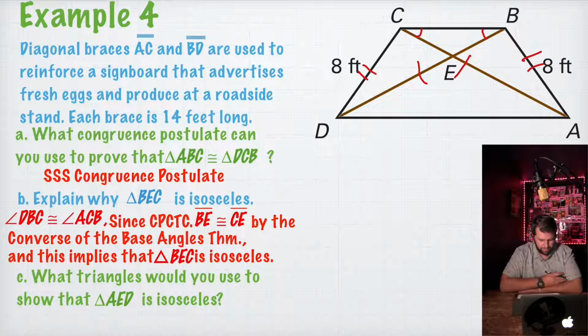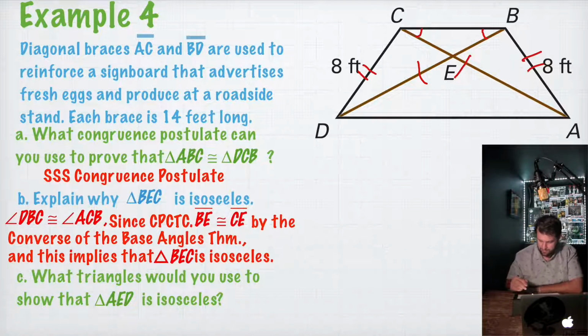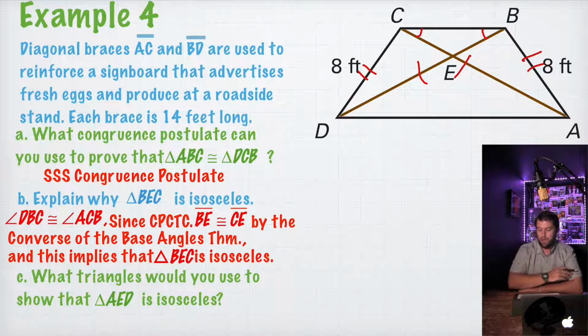Okay? Now lastly, they want to know what triangle would you use to show that AED is isosceles. We used this triangle and this triangle to show that this top one was isosceles. So we're going to actually probably use a different set of triangles to show that this is isosceles. And to do that, we have to look. We know the brown lines are congruent. We know the 8s are congruent.